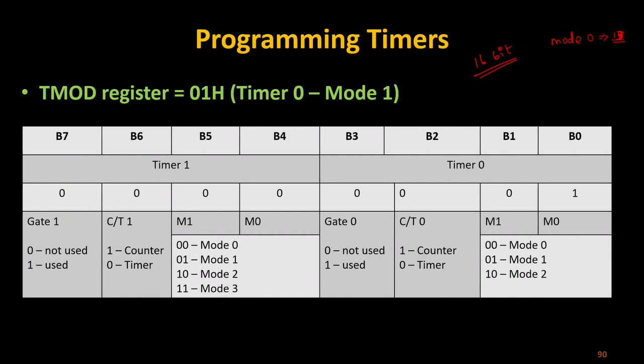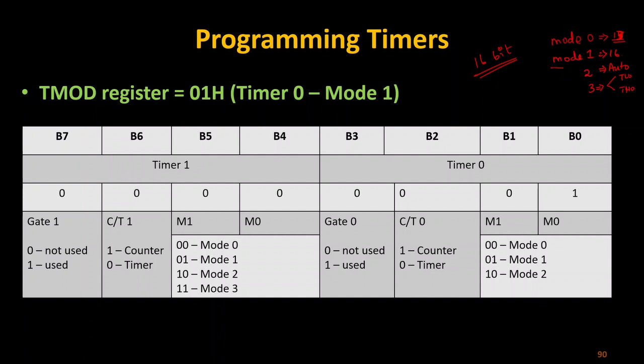If it is mode 0, it is 13 bit. If it is mode 1, it is 16 bits. If it is mode 2, it is auto reload. And if it is mode 3, it is going to be 2 individual timers. TL0 and TH0 are going to be the 2 individual timers.